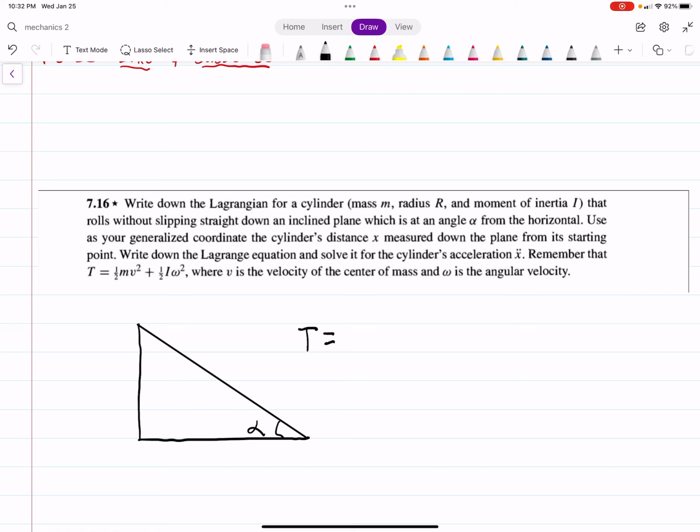The kinetic energy is 1/2 mv squared plus 1/2 I omega squared.